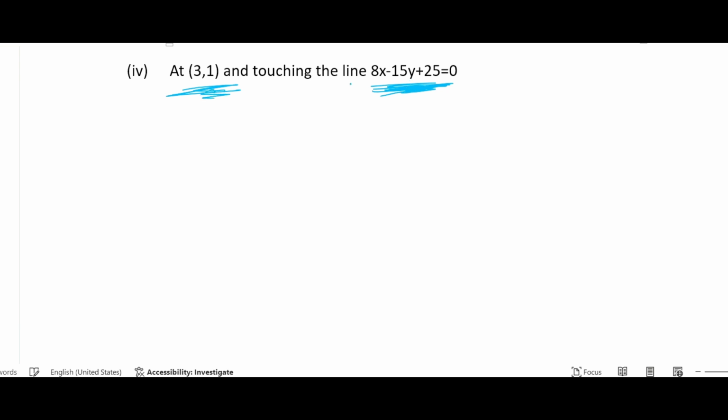How do you find the distance between a point and a line? We all know how to find the perpendicular distance. You will substitute this into the equation. So it will be 8 into 3 minus 15 into 1 plus 25 upon under root a square, that is 8 square, that is 64, plus b square, that is 15 square, which is 225.